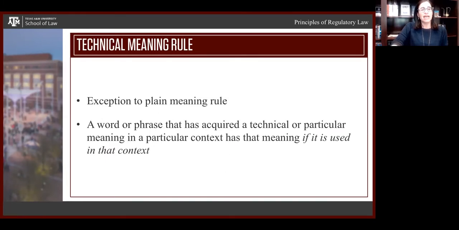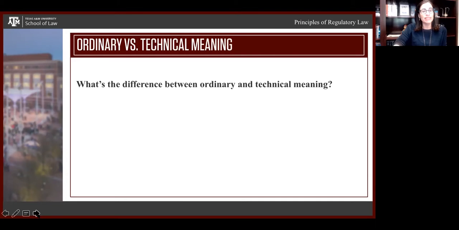Then we have the technical meaning rule, and the technical meaning rule is an exception to the plain meaning rule. The technical meaning rule says that a word or a phrase that has acquired a technical or particular meaning in a certain context has that technical meaning if used in that context. So what's the difference between ordinary and technical meaning?